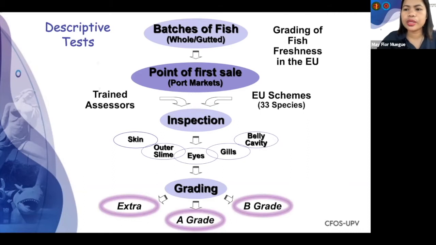Ititingnan ng trained assessors yung skin, outer slime, eyes, gills, belly cavity, and then i-grade siya according to extra, grade A, and grade B. So, of course, the extra fresh is much fresher versus A, and A is fresher than B. Ganon yung rating ng EU scheme.